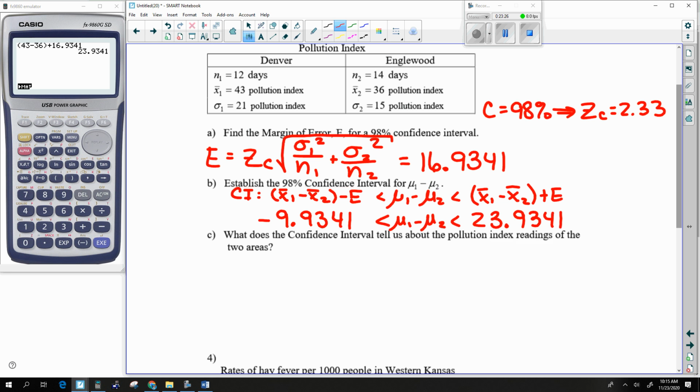I see that one's a negative and the other one is a positive, so that means mu1 minus mu2 is question mark to 0. That means mu1 is question mark to mu2. We are unable to prove a difference between those two things.